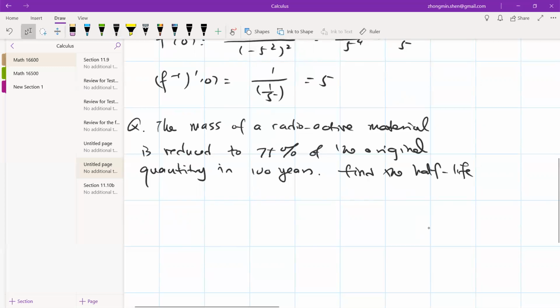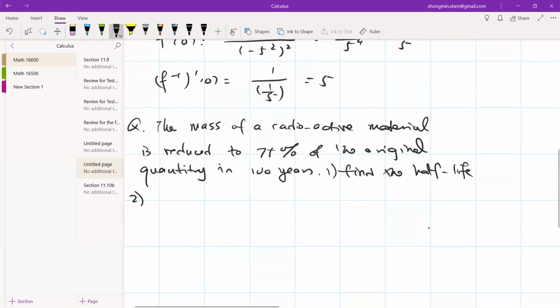Something like that. Then another question could be: how many years does it take for the mass to be reduced to 10% of the original? So that's the first question.